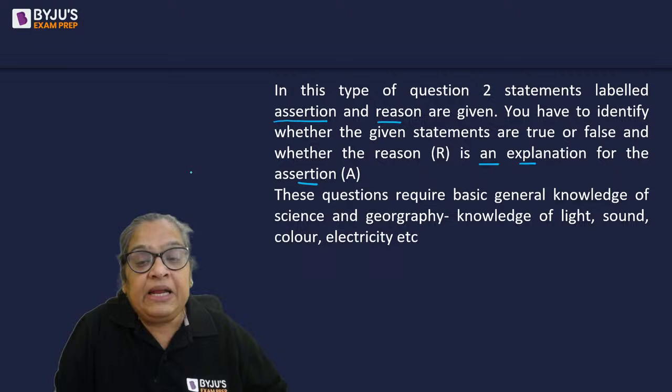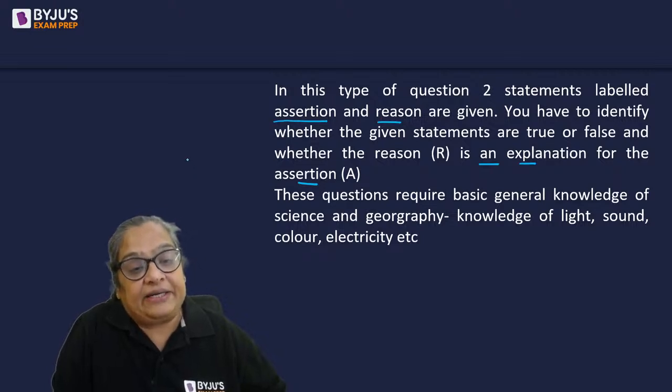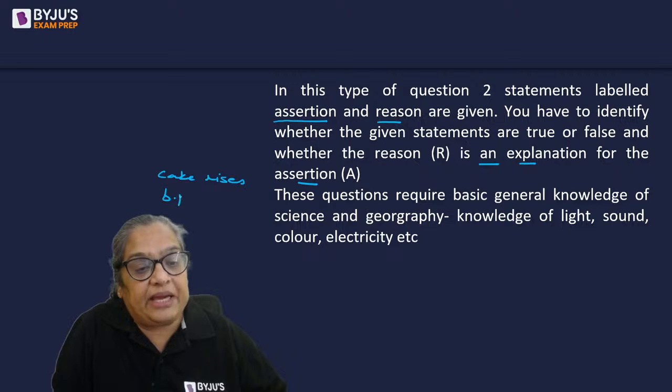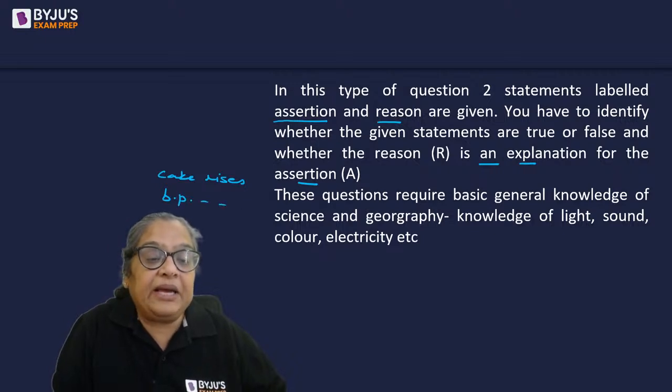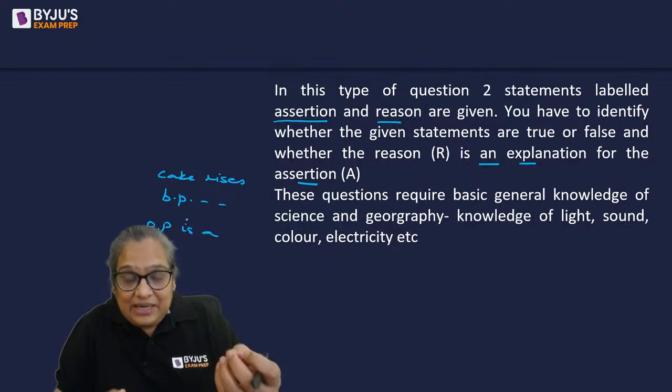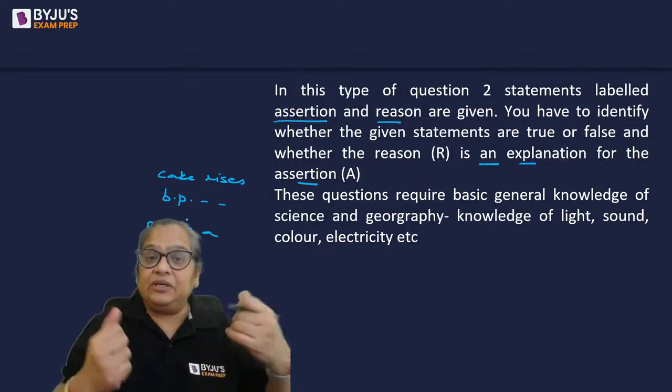For example, if I say that a cake rises because of the baking powder that is in it, you'll say baking powder is a leavening agent. It traps air and helps the cake rise.